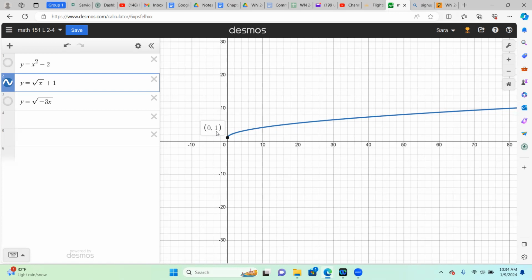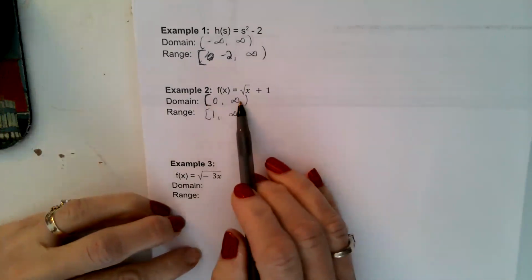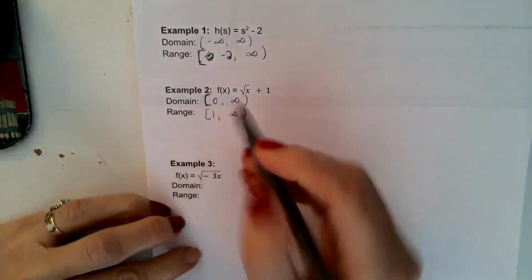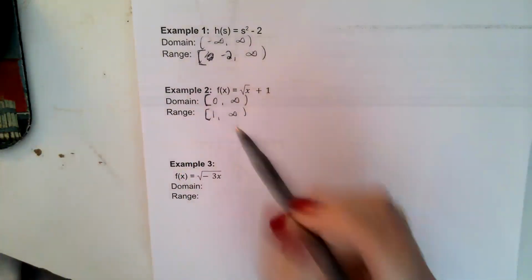And it looks like as far as y, 1 is the smallest value, and then it continues to slowly increase, but 1 is the smallest value on the range. I'm going to show you my paper here. So the domain is 0 to infinity, and the range is 1 to infinity. And these both get brackets because they can equal 0 and 1.